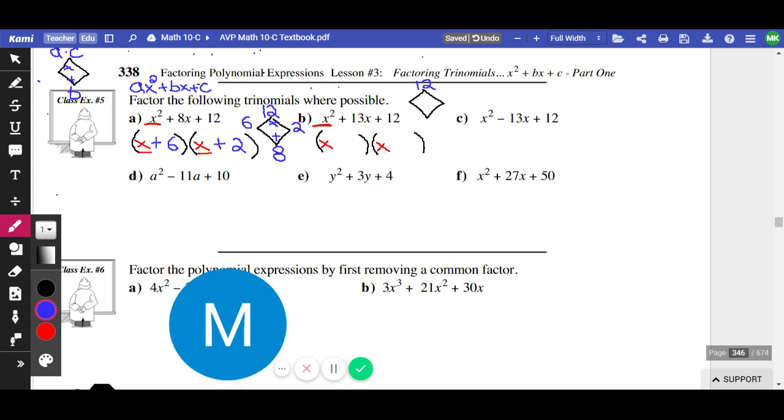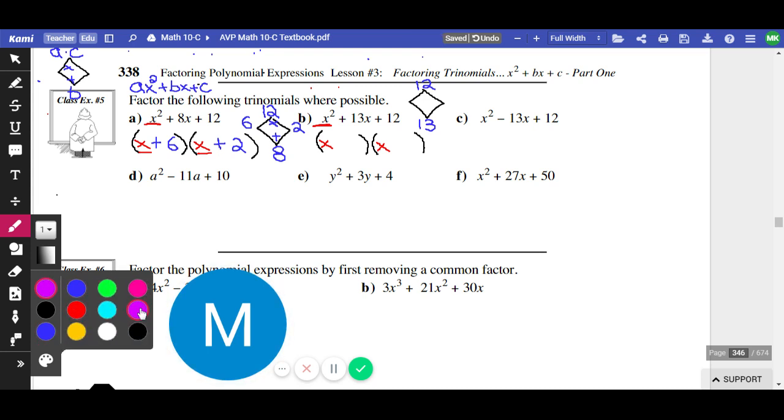In this case, 13. The sides of the diamond are up to you to pick. So you're looking for two numbers which multiply to be 12 and add to be 13.